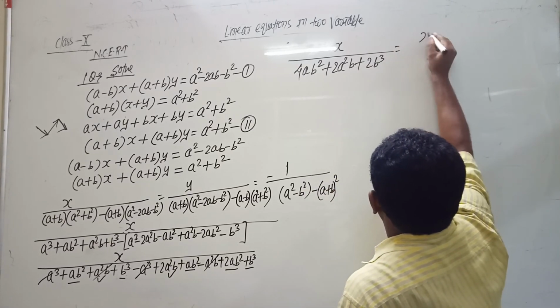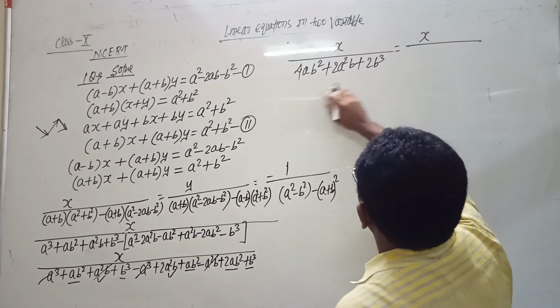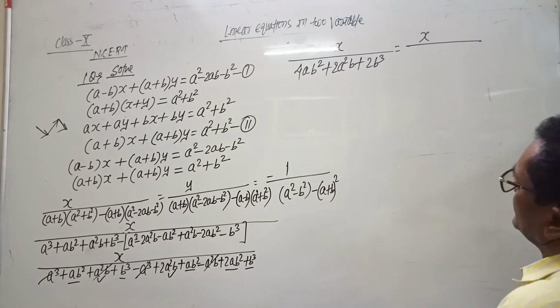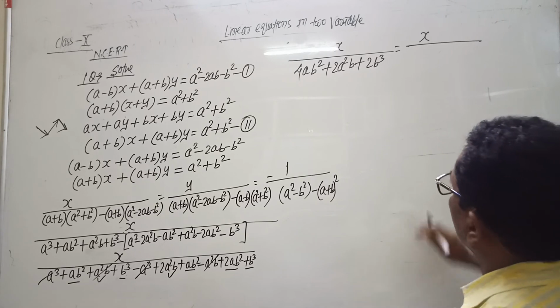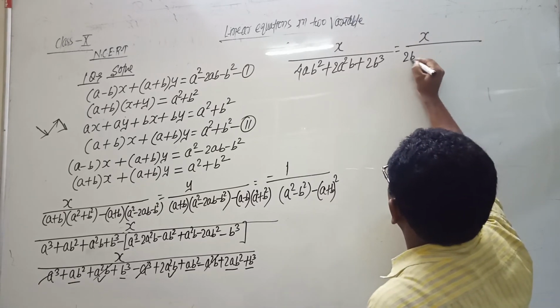Now x upon, from both the terms we take common. So 2b is taken common from both the terms.